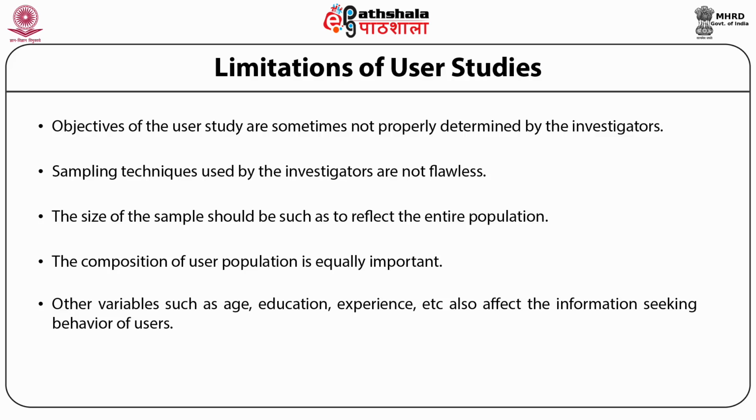Experience of the users also affects their information seeking behavior. Their behavior in the library while looking for information on a particular topic or a particular problem changes according to their educational level, socio-economic background, their experiences in life, and so on.